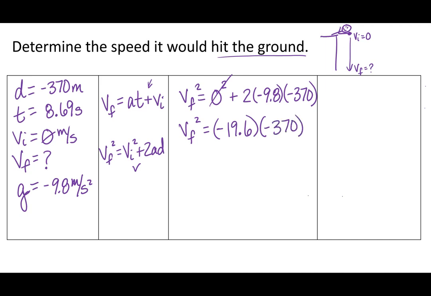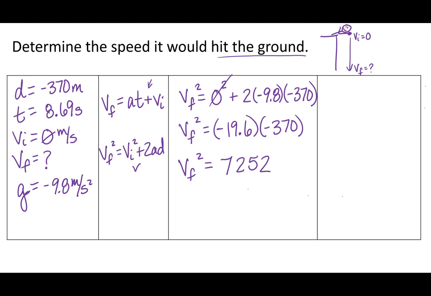And so now we will multiply those two together. And we get VF squared, and 2 negatives make a positive, 7252.